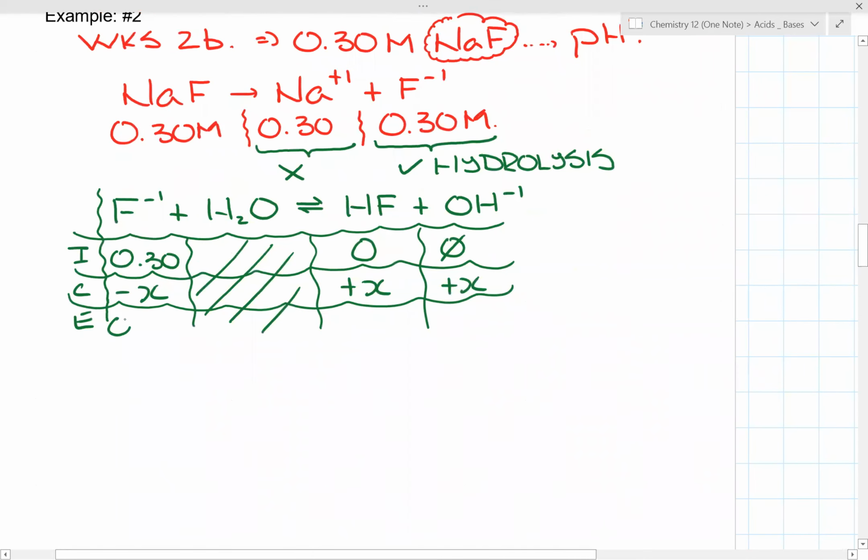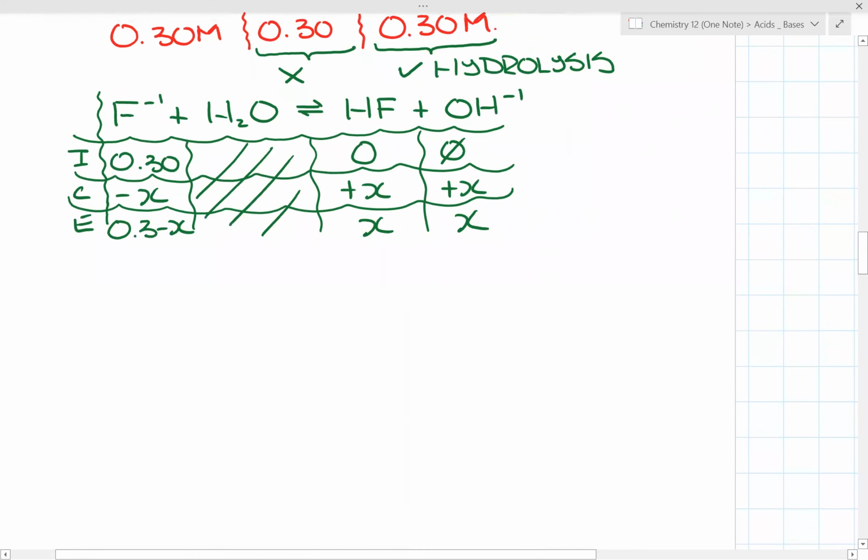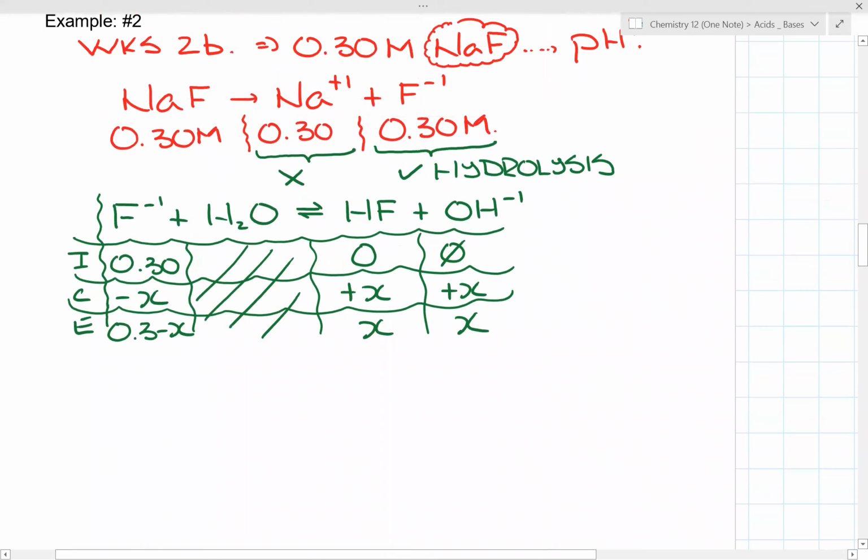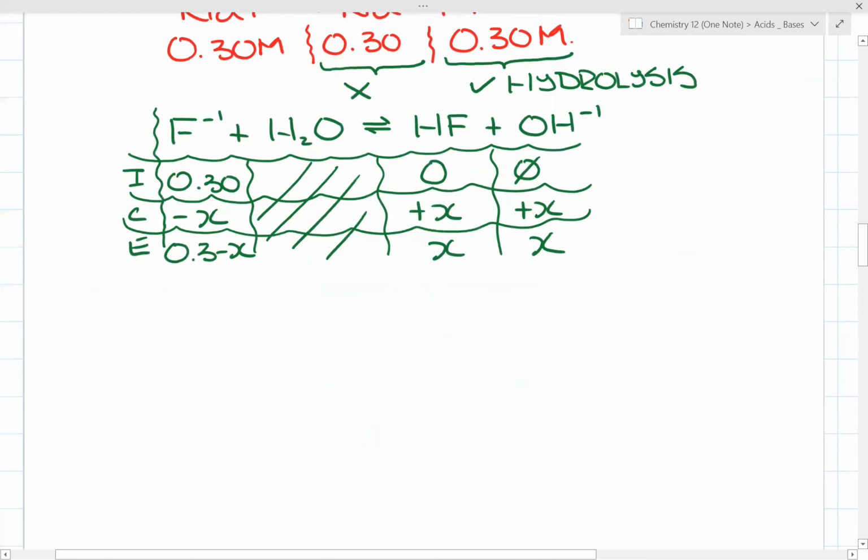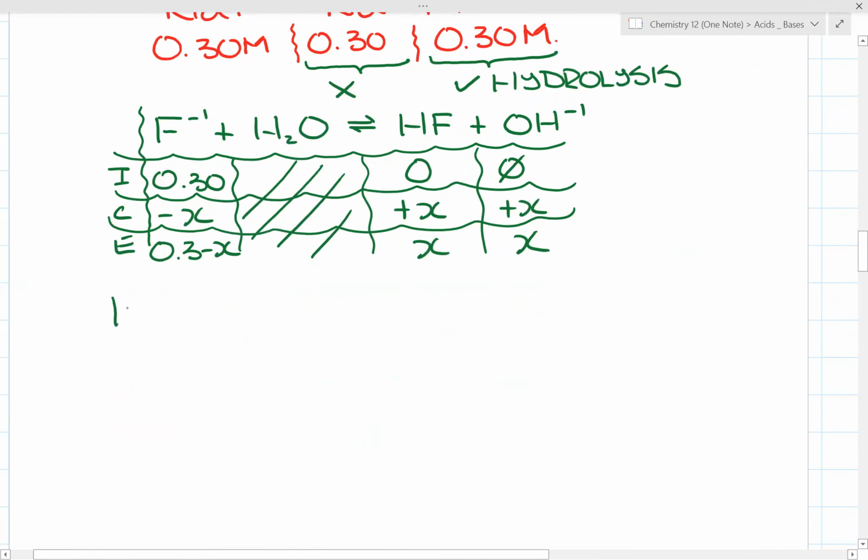And what you have is 0.030 minus x, x, x. Now, since you are producing a base because of the hydrolysis, remember it's Kb. So Kb is equal to concentration of HF, concentration of OH -1, all over concentration of F -1.